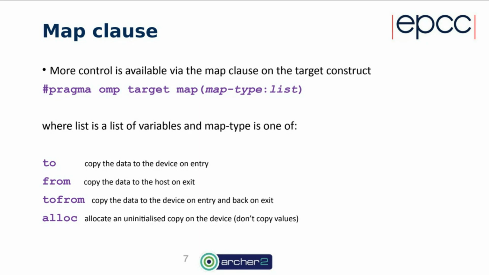You can have tofrom, which does both of the above. And you can also have an alloc map type, which basically says, I don't want to do any copying here. I just want to allocate an uninitialized copy of this data structure on the device at the start of the region, but don't copy any values.